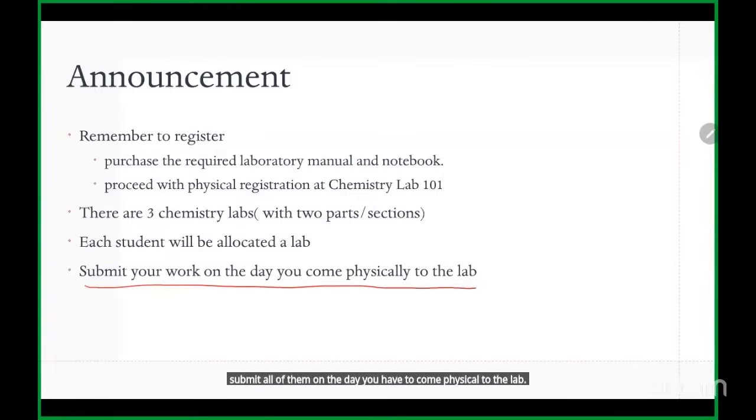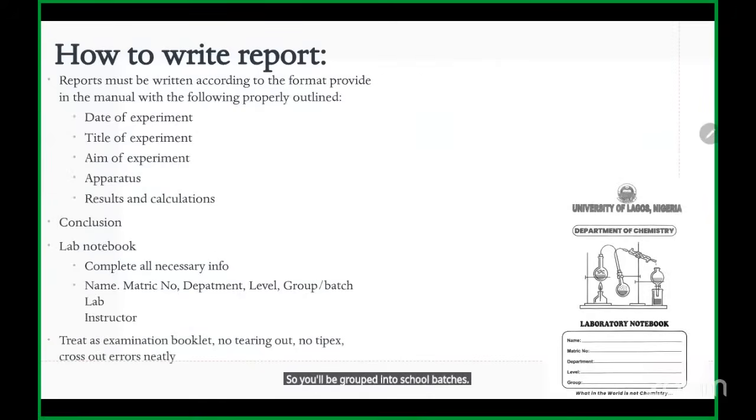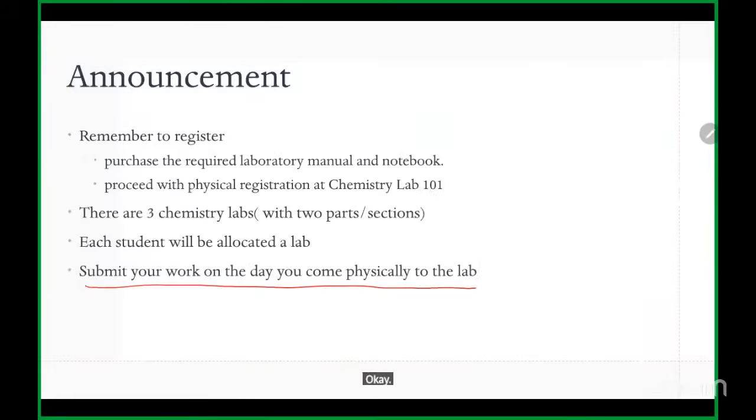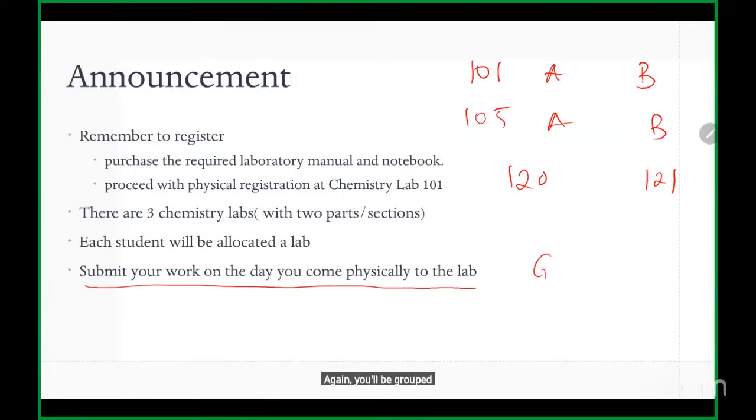So you'll be grouped into 2 batches. I think I wrote it here the other time: 101 A, B, 105 A, B, lab 120, lab 121. Again, you'll be grouped into 2 batches.